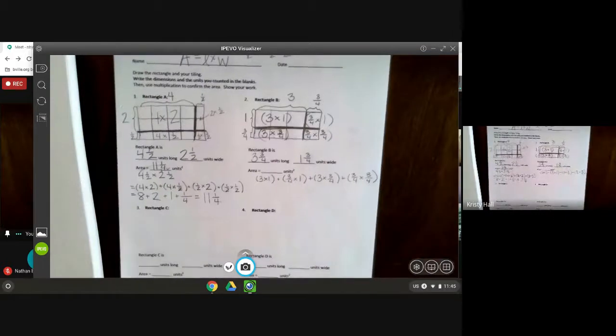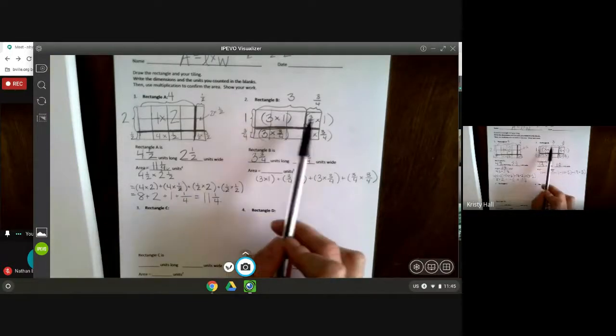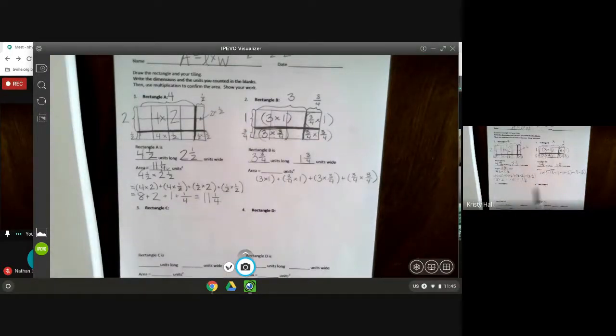So this is where drawing a model is nice and helpful because you can visually figure out which things need to be multiplied. And then we just write them in a row, really, adding each of those expressions together.